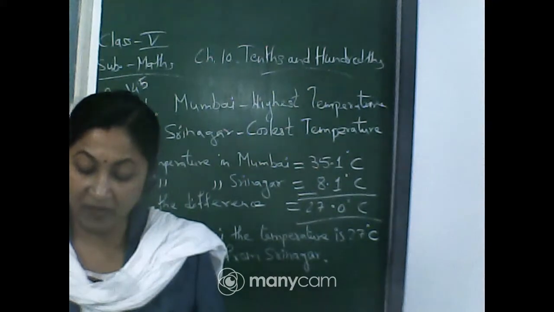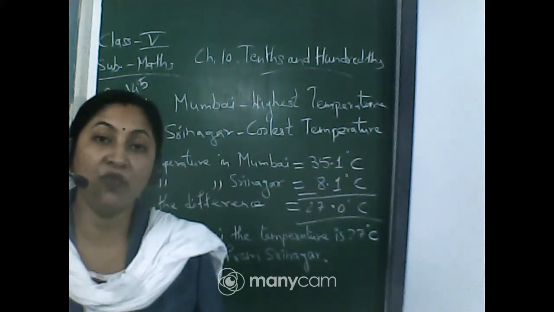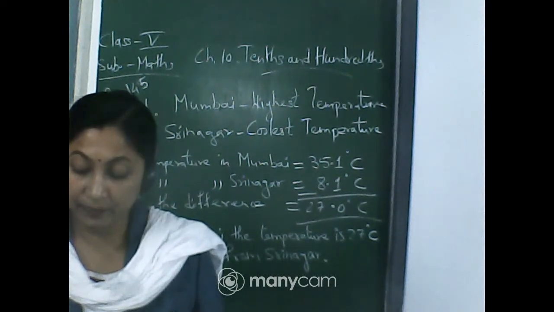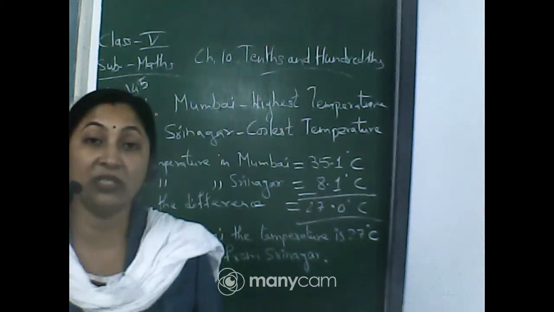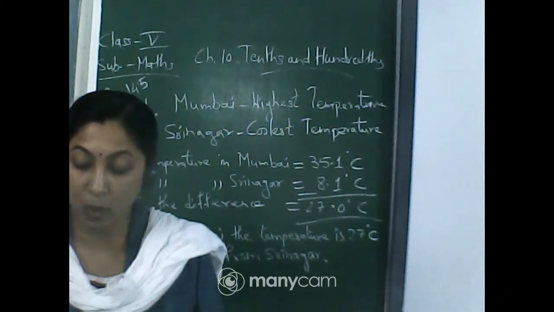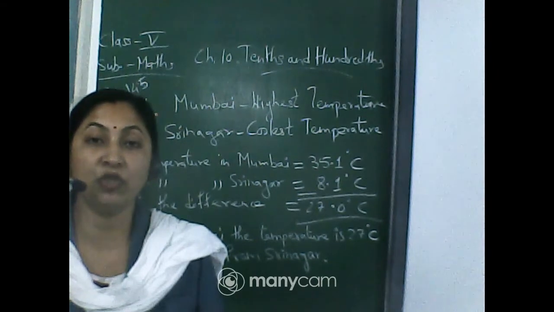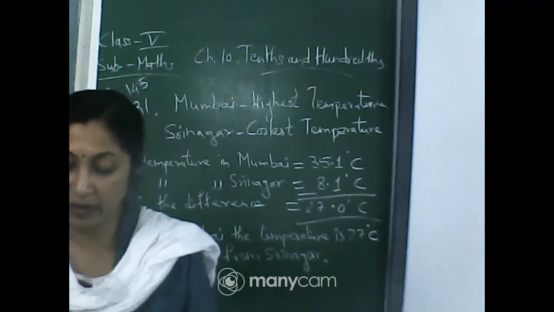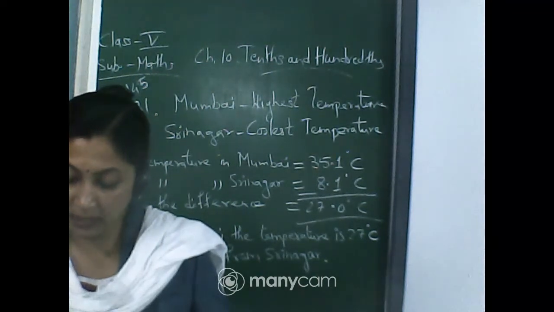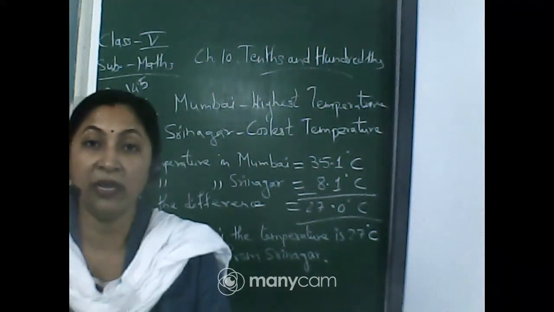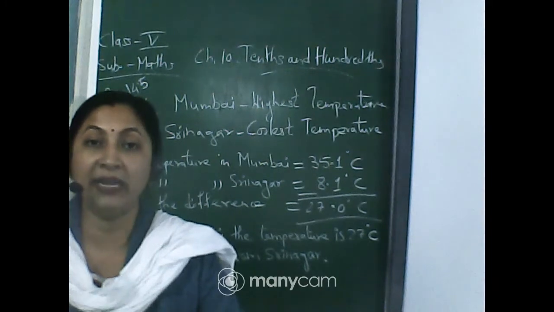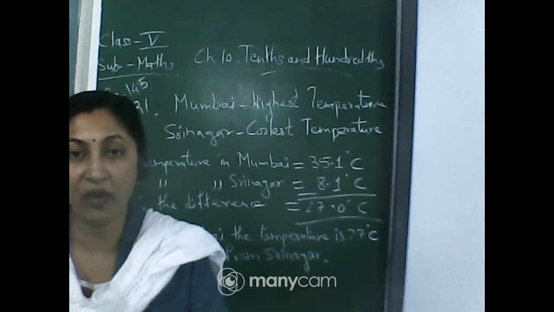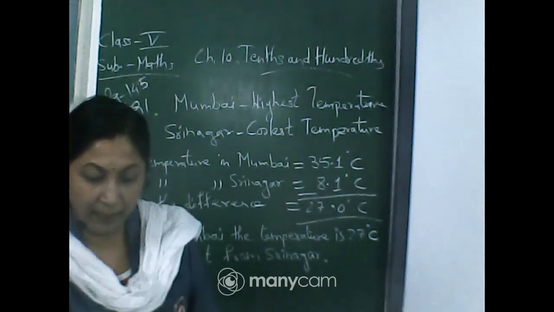Clear? And the questions related to temperature, question number 1 and question number 2, you will again repeat in your copy. Today up to this only. We'll do question number 3 in our next class. Okay, bye all of you for today. And practice maths.